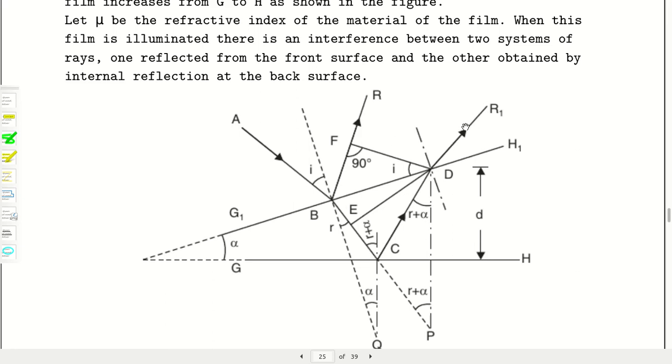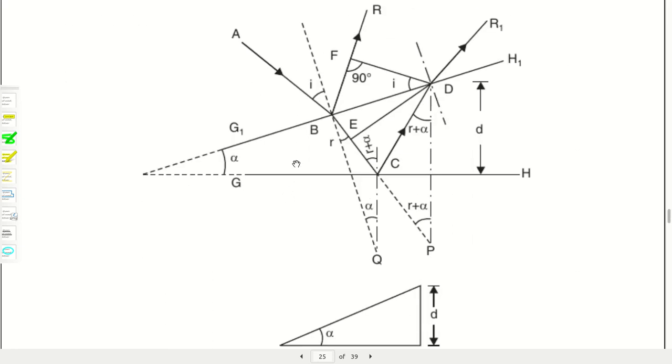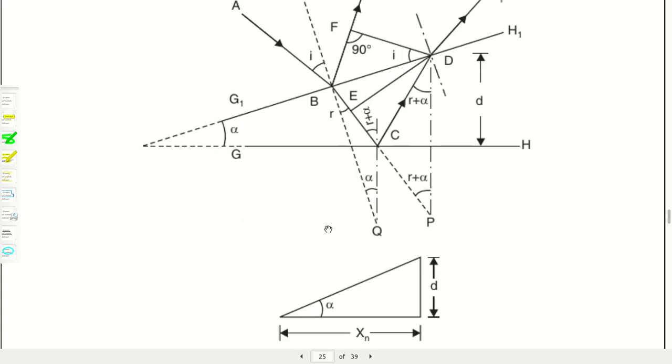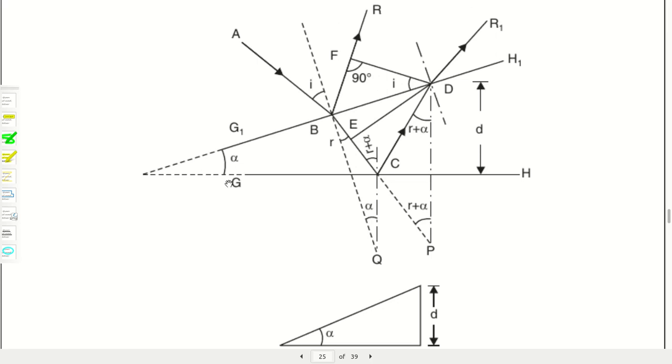They have a path difference, that is, mu into BC plus mu into CD minus BF. It is written over here. Now CD can be found using the geometry. This is the angle alpha.